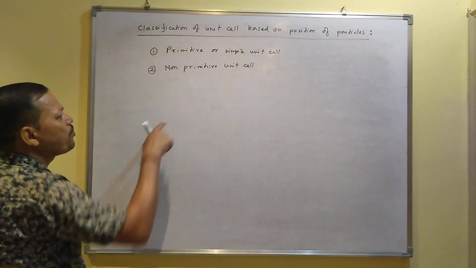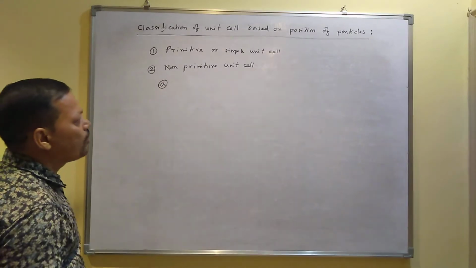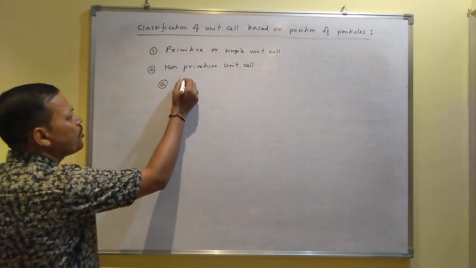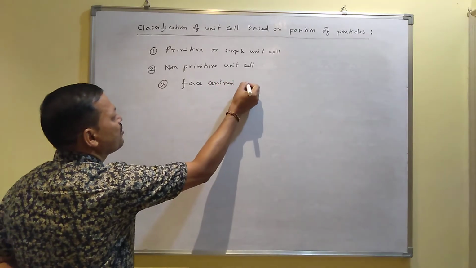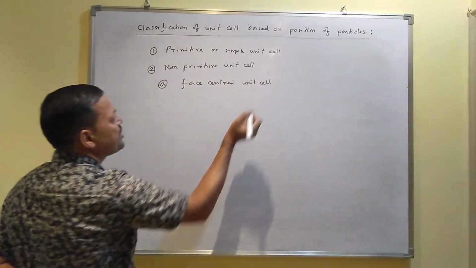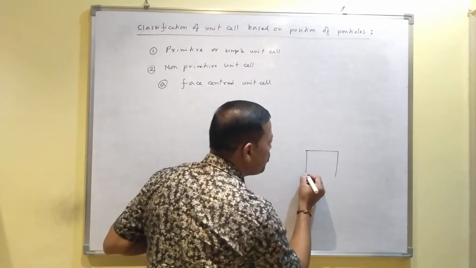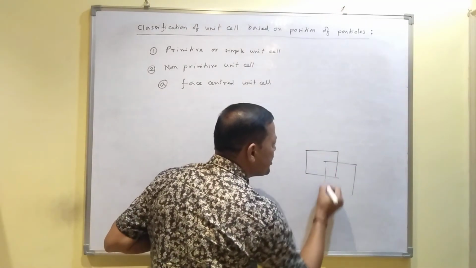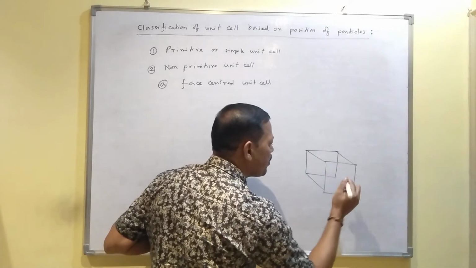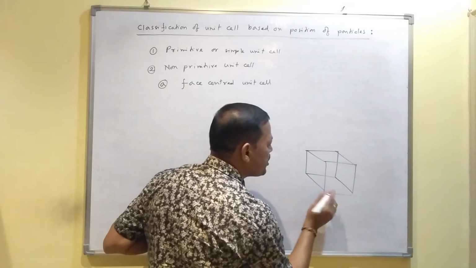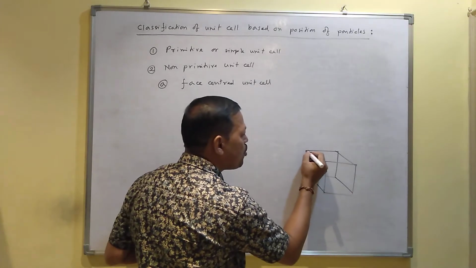Now, what are the classifications of non-primitive unit cell? One of the non-primitive unit cells is called face-centered unit cell. When the unit cell is said to be face-centered, suppose this is one of the unit cells, the particles are present at the corners.